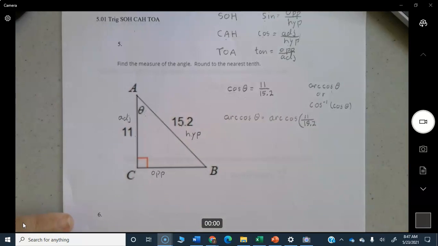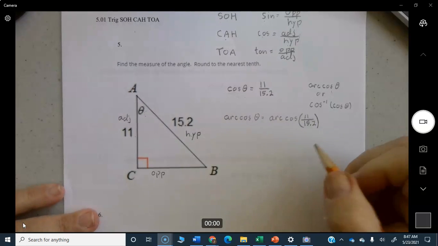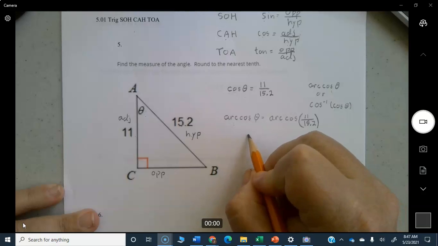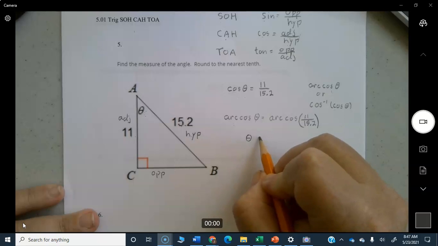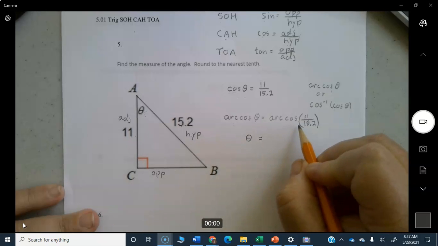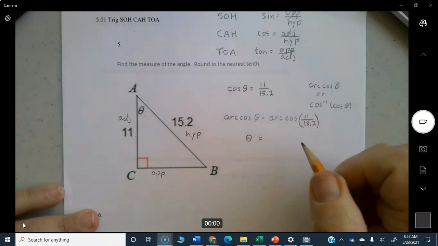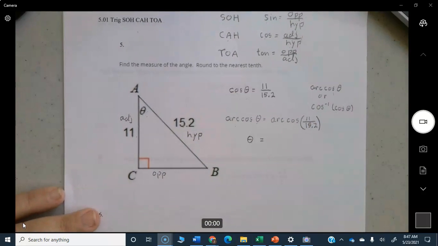Just remember, anything you do to one side of a math equation, you do to the other side. Okay? So arc cosine of theta is simply going to be theta. Okay, and arc cosine of this is going to be, well, we're going to go figure it out.